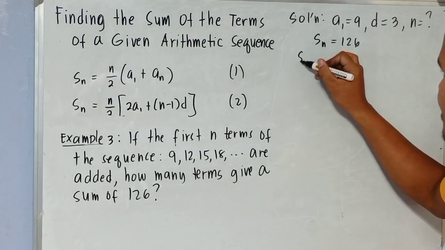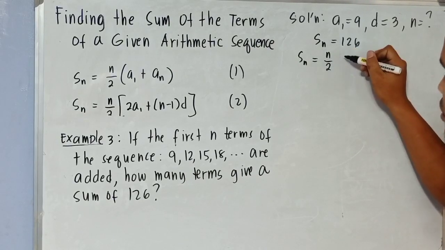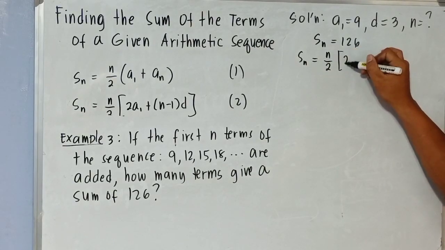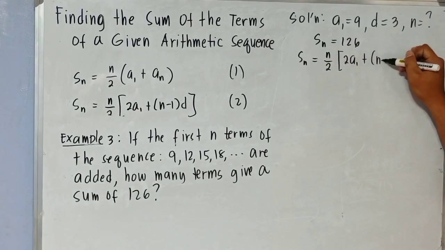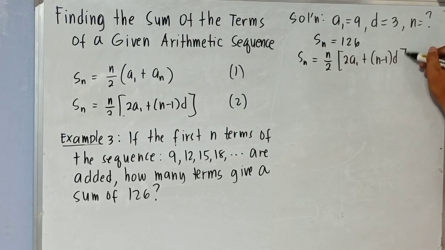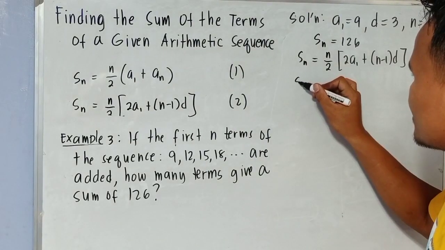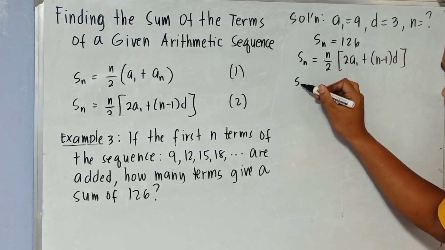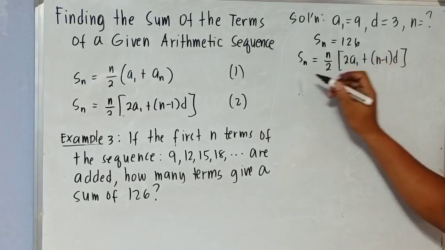So we have S sub n equals n over 2 times 2a sub 1 plus n minus 1 times d. Then by substitution, S sub n is 126.